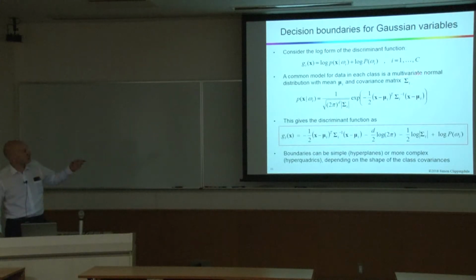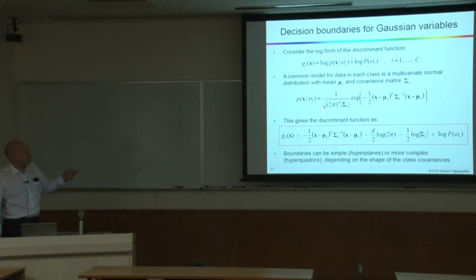A common model is the multivariate normal or Gaussian distribution with mean mu_i and covariance matrix written as sigma_i. It's unfortunate that people use sigma as a notation for a covariance matrix as well as for a sum, but you'll see that quite frequently. This is a Gaussian probability density, which looks like a bell curve in d dimensions.